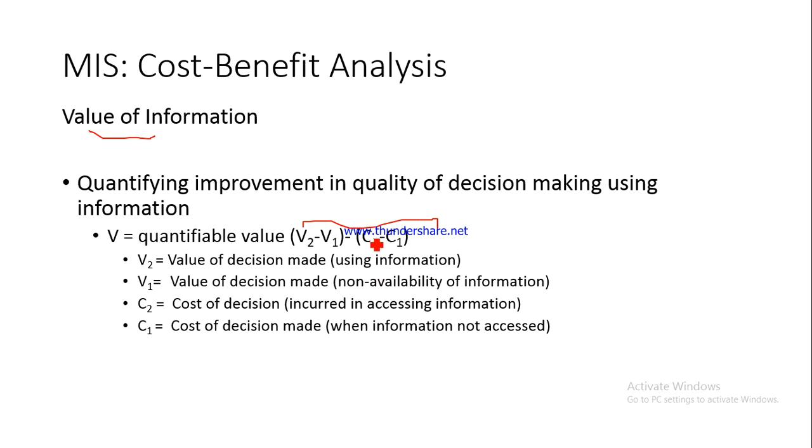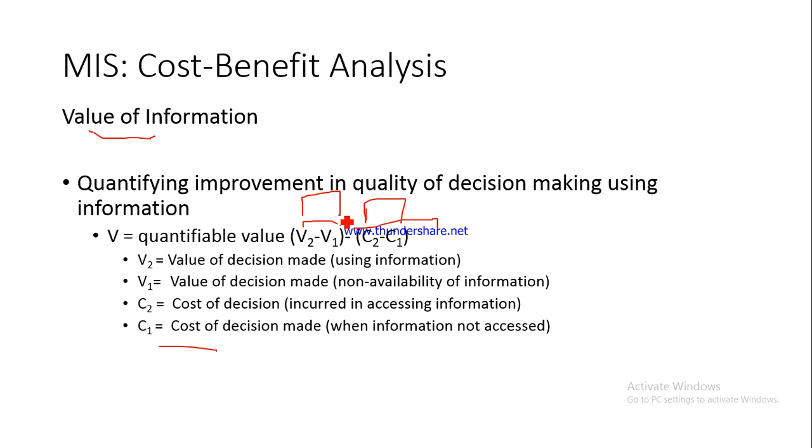Likewise, C2 is the cost of decision when you are accessing the information, so the cost of decision in terms of the amount that you have to incur to access the information. And C1 is the cost of decisions made when the information is not available, without the use of information. Now this is the increase in cost because of the MIS, and this is the increase in the value of the information because of the MIS, right?